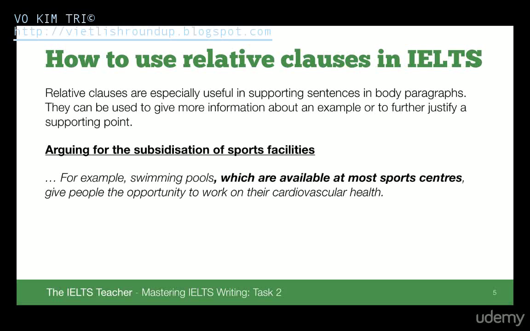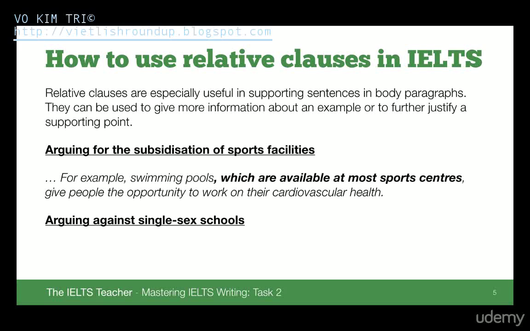For example, swimming pools, which are available at most sports centres, give people the opportunity to work on their cardiovascular health. Here, maybe we're trying to support the argument that subsidising sports facilities will improve public health. So by arguing that swimming pools, which are part of sports facilities, as seen in the non-defining relative clause, can improve our cardiovascular health, we are then supporting that argument.